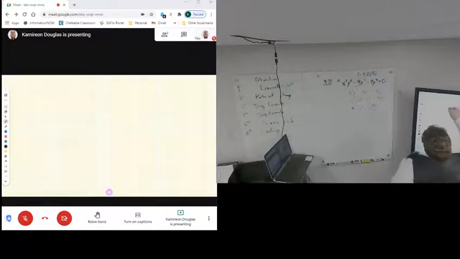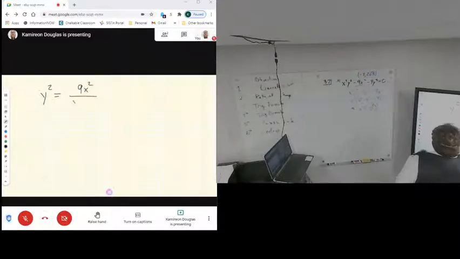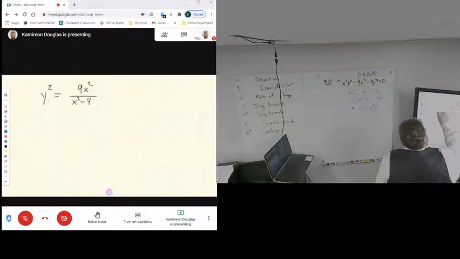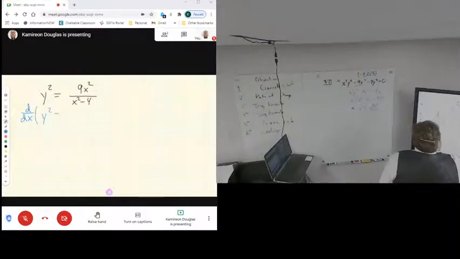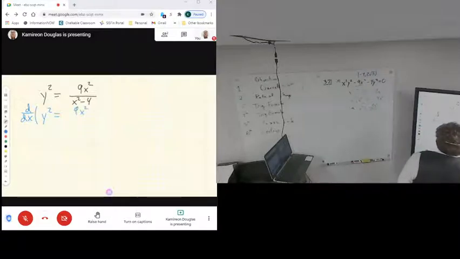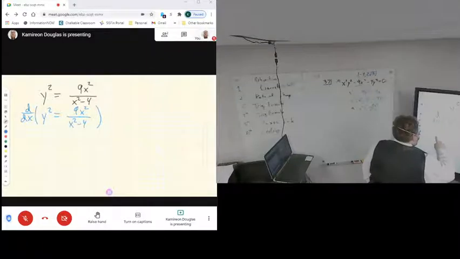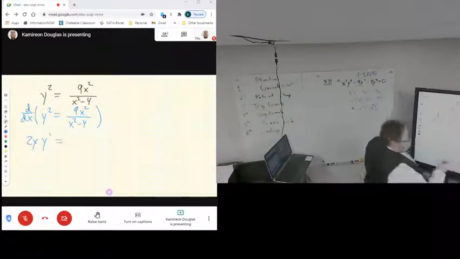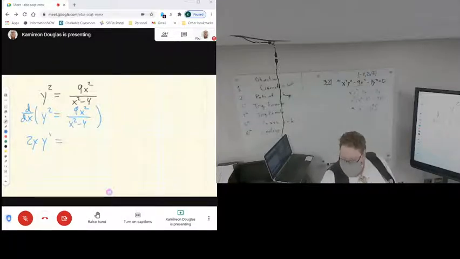Let's do it. y squared equals 9x squared over x squared minus 4. Left-hand side, d/dx of y squared; on the right, d/dx of 9x squared over x squared minus 4. The left gives 2y times y prime, which to get y prime by itself is simple. I just divide by 2y. So that's really straightforward.